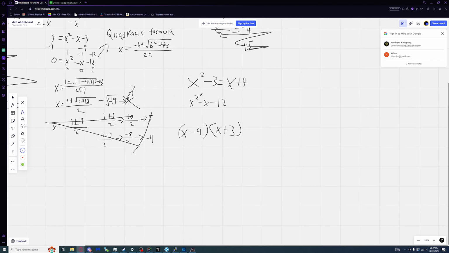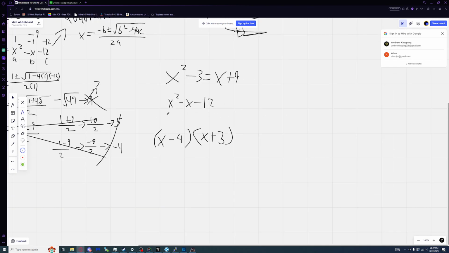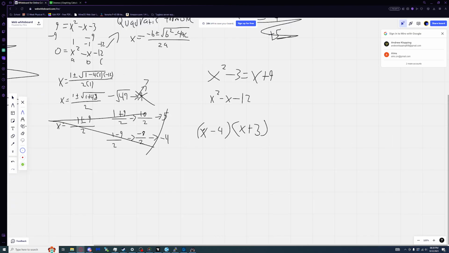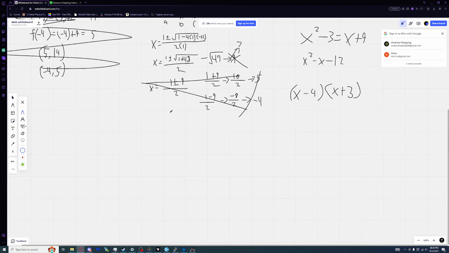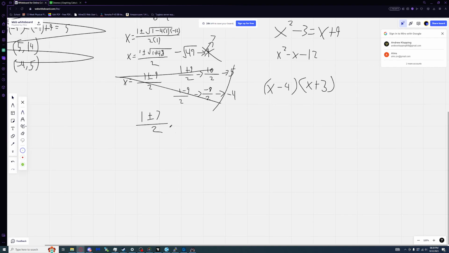Yeah, that's a problem. You could just factor it out, get x minus 4 and x plus 3. But with the quadratic formula, you want to make sure it's actually 1 plus or minus 7 over 2. That is a plus, not a 1. 1 plus or minus 7 over 2, which will get us 8 over 2 and negative 6 over 2, which gives us negative 3 and 4.